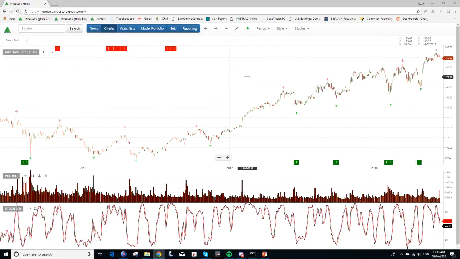We suspect that it continues to make higher highs and higher lows. And if you look at the algorithm signals here, we've gone from sell conditions in 2016 to buy conditions in mid-2017, and the stock continued to make higher highs throughout that period.